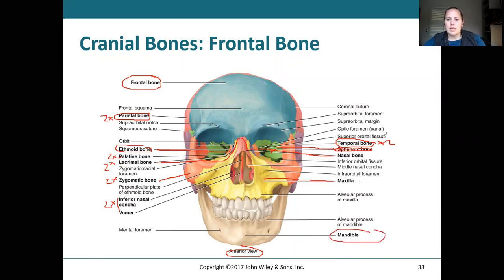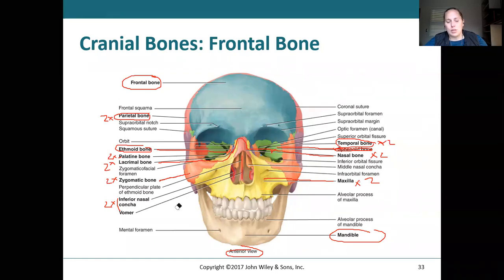So we've gone through quite a few different bones here. I'm trying to see which ones we've omitted, but if they're not apparent here, like the occipital bone, it's going to be omitted because we can't see it through the anterior view.